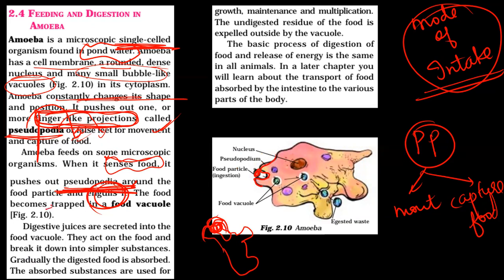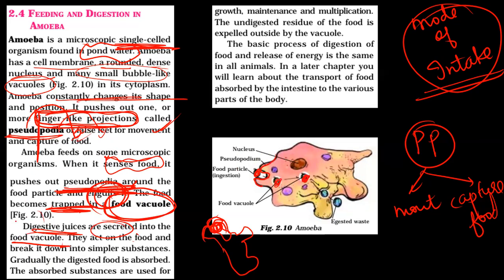Now it is trapped, and it is trapped in a food vacuole. For example, there you can see they have labeled two food vacuoles. Even amoeba has digestive juices. They are secreted into this food vacuole. They act on the food, they break it into simpler substances. The process is the same, but the way it happens is different in different organisms.